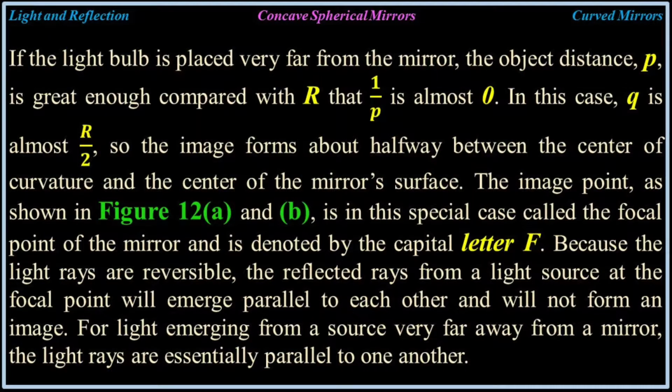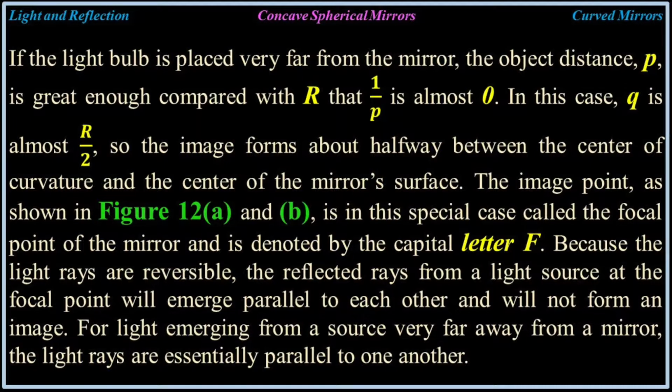If the light bulb is placed very far from the mirror, the object distance P is great enough compared with R that 1 over P is almost 0. In this case, Q is almost R over 2. So the image forms about halfway between the center of curvature and the center of the mirror surface.